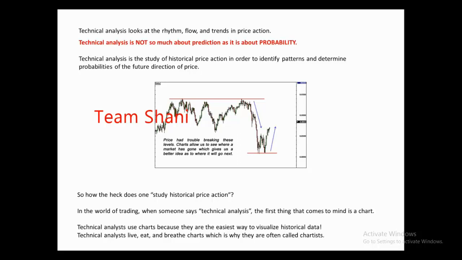So the new trader never jumps into Bitcoin trading because it's so volatile. You always try to find a safe haven, a product which is very easy to understand, which helps you to understand the price trend.